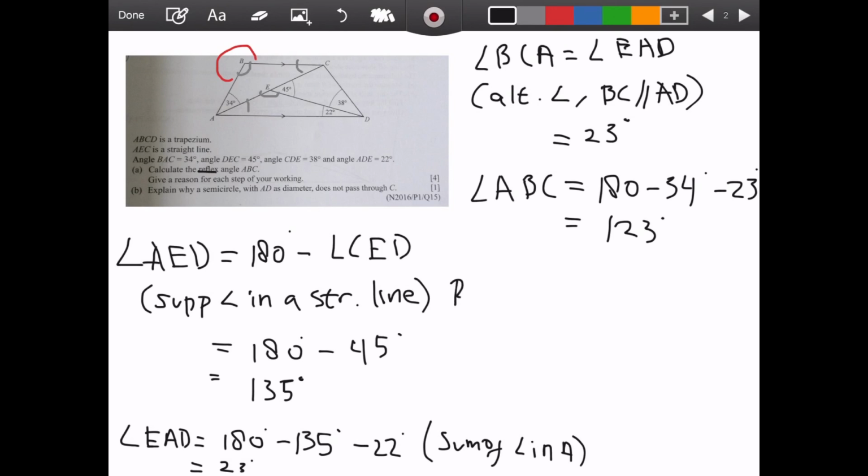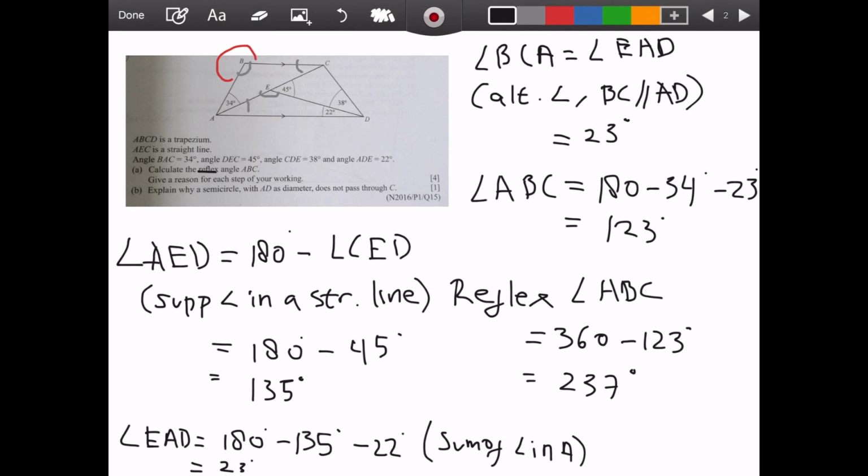So you find that reflex angle ABC is equal to 360 minus 123 degrees, which is equal to 237 degrees. So this is the answer.